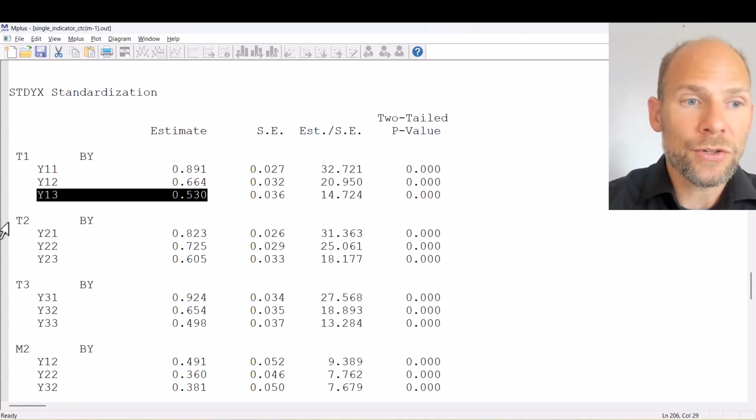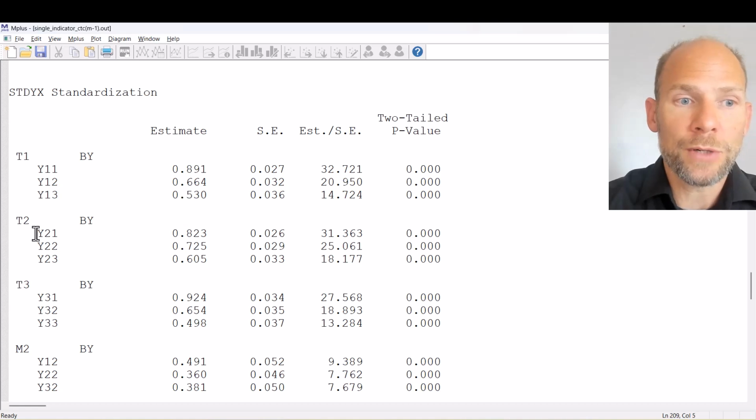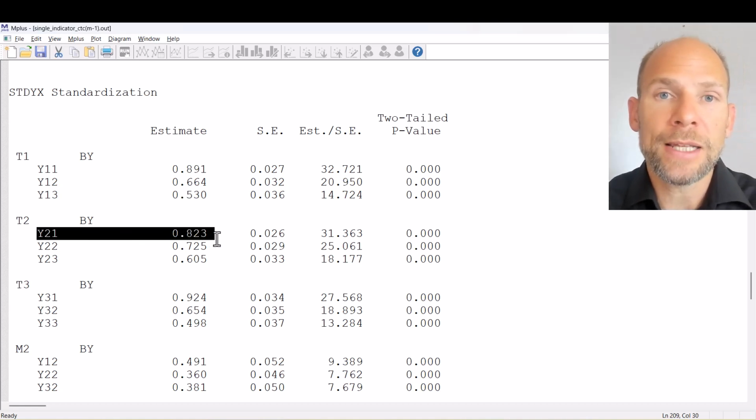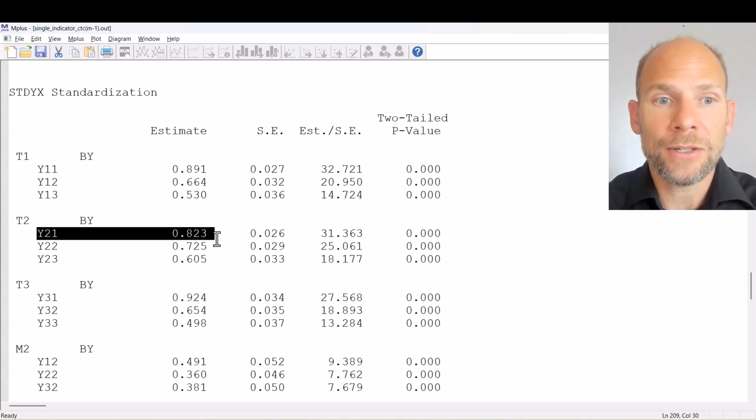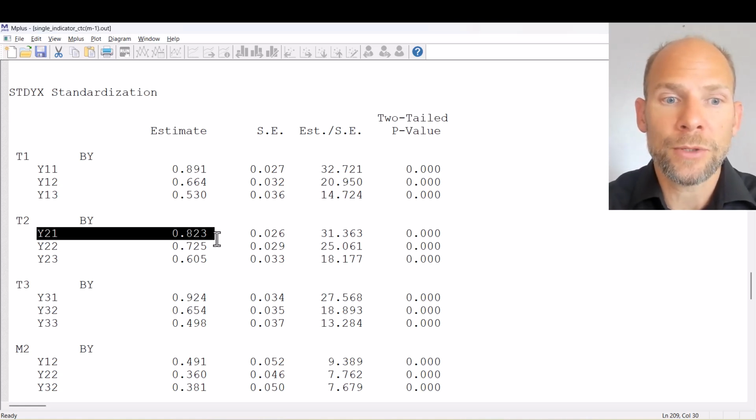Next is the second trait. This could be extraversion, for example. Again, the self-report has a fairly decent standardized loading, indicating fairly reliable measurement. Here it's not as high as for the first trait factor, but still it looks pretty good.